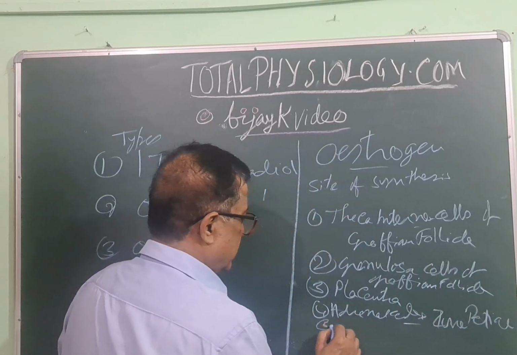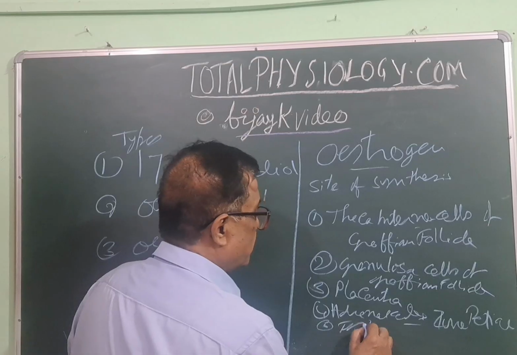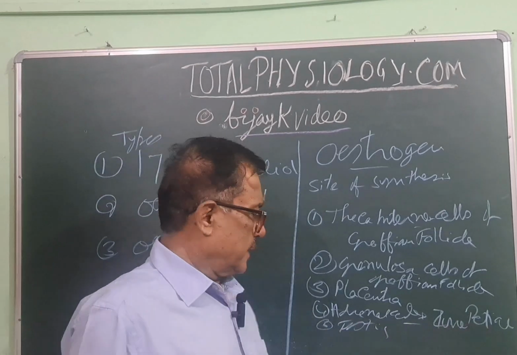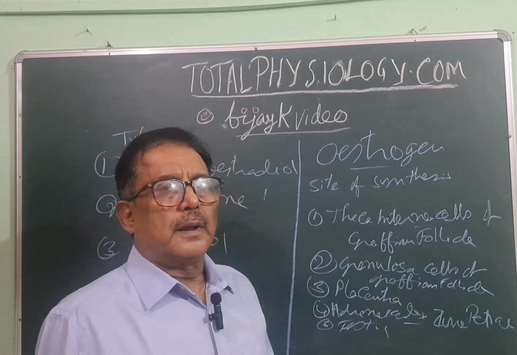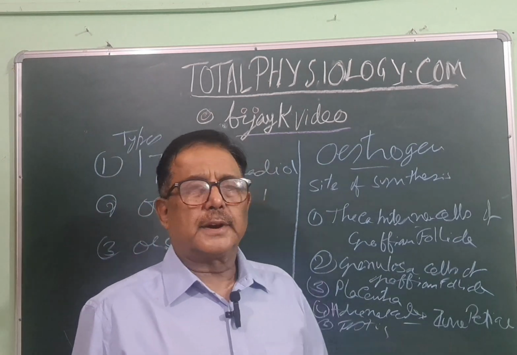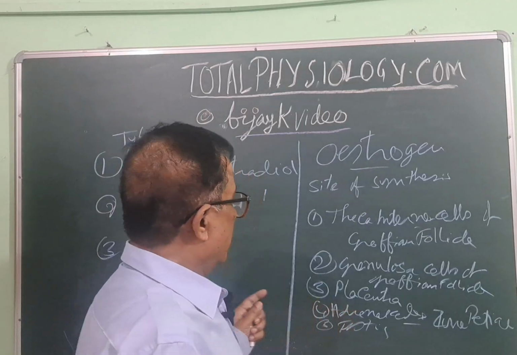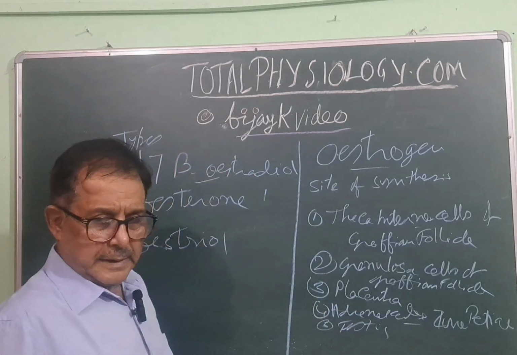And fifth is testis. Adrenal cortex zona reticularis and testis secrete very little estrogen. This is the site of secretion.